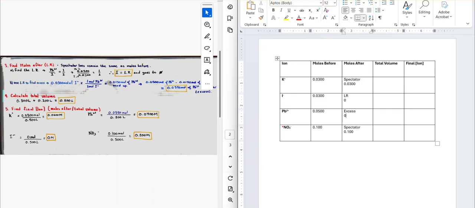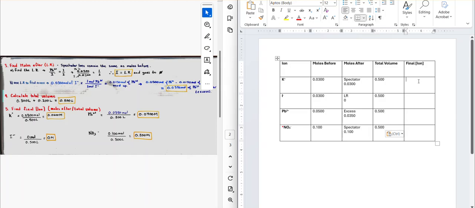My total volume is going to be 0.3 liters plus 0.2 liters, so 0.500, and it's going to be the same for each one.